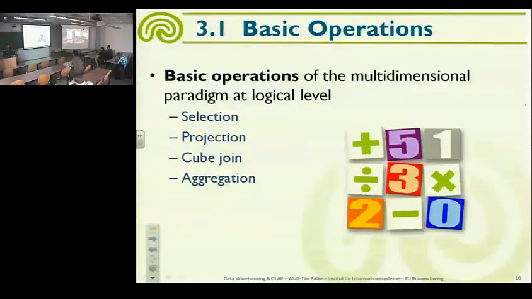So now that we've talked about the cubes and the dimensions, and these are the central objects in the data warehouse, and we have them in store, what can we do with the data? You have the basic operations that we've already seen before. We can do a selection, so we want to select a certain part of the cube, we want only the sales in a certain city, so we only select according to a condition, which is the name of the city. We can have a projection, which basically means for the sales cube, I only want to look at a turnover measure.